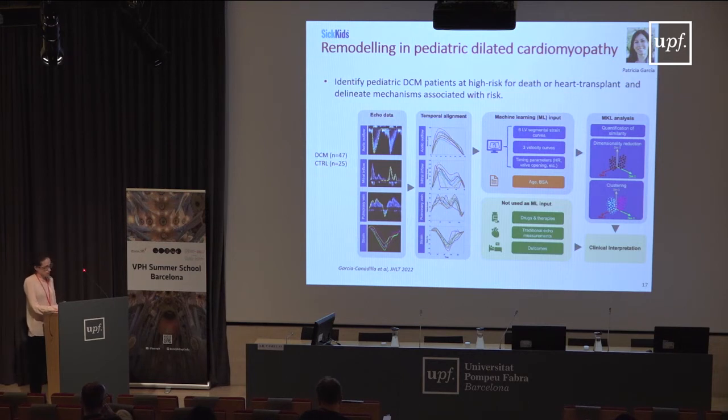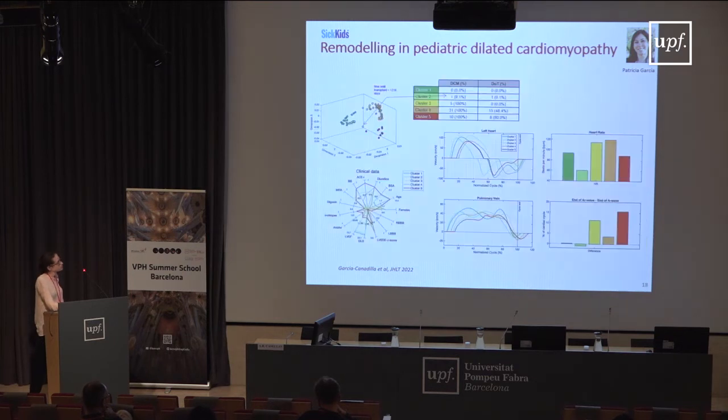Again, we found this output space, and in it we did the unsupervised clustering and used other information, such as the clinical outcome of these patients, to characterize the phenotypes.